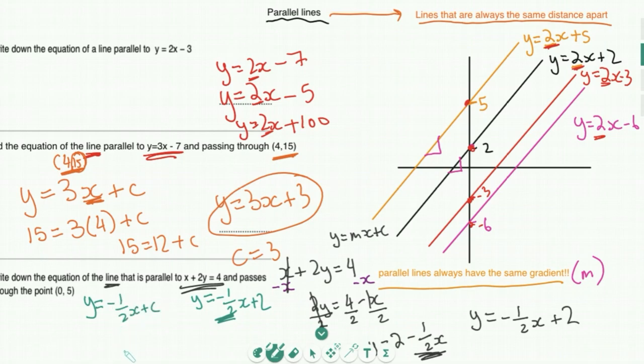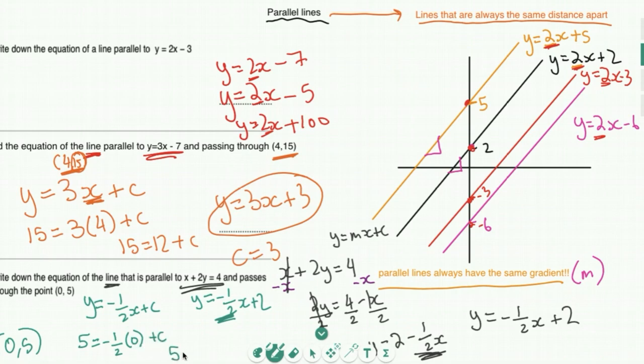And then to find the c value, we know that this line crosses 0, 5. So we're going to throw these coordinates into this equation. So the y coordinate is 5 equals negative 1 over 2 times x, which is the 0, times 0 plus c.